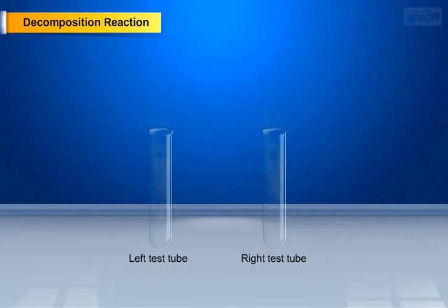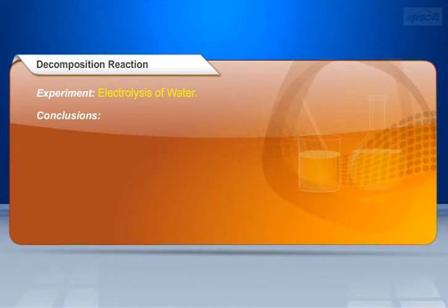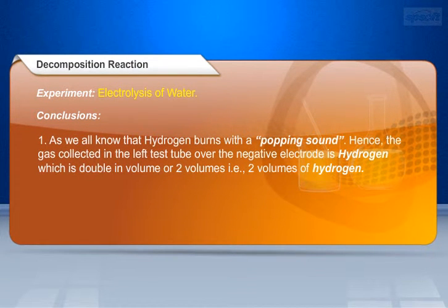The conclusion of this experiment is, we know that hydrogen burns with a popping sound. Hence, the gas collected in the left test tube, that is, over the negative electrode, is hydrogen, which is double in volume, or 2 volumes, which means 2 volumes of hydrogen is evolved. We also know that oxygen gas makes things burn brightly.